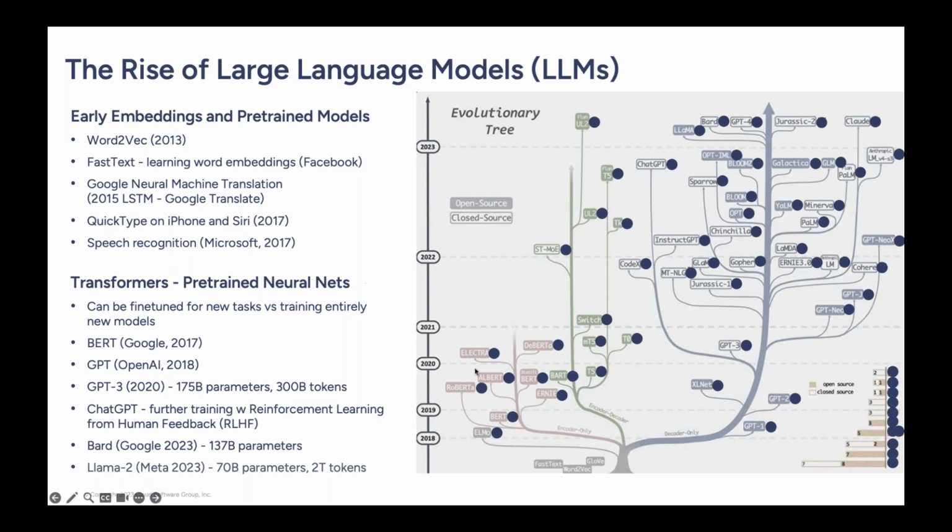But if you look at the way this world of large language models has evolved, all the way back to word2vec, into various work done by Google and Facebook and Microsoft, to speech recognition. I mentioned BERT as being a significant model that we started using, included in our NLP package on our community site for fuzzy matching. And then the GPT and Llama 2 that we've been working with.